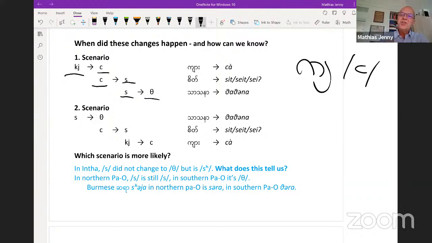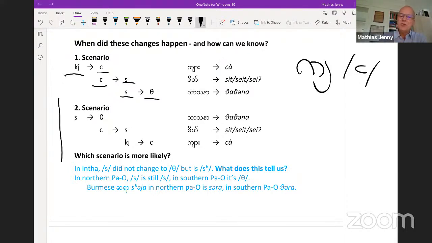Now, which of these changes occurred first? If you look at scenario 1, kya becomes cha, then cha becomes sa, and sa becomes ta. As opposed to scenario 2, where we would say sa becomes ta, then cha becomes sa, and then kya becomes cha.